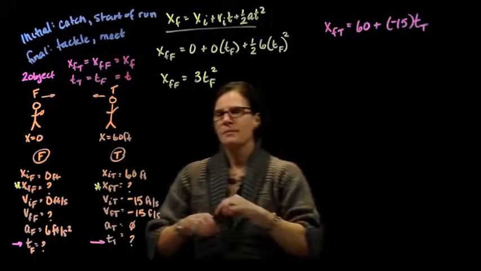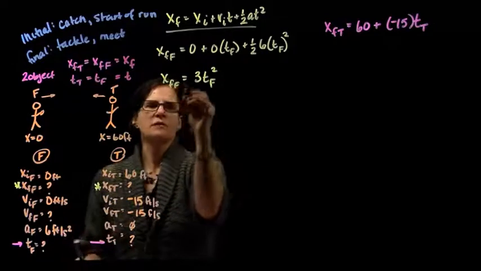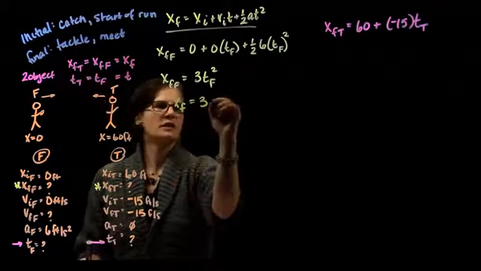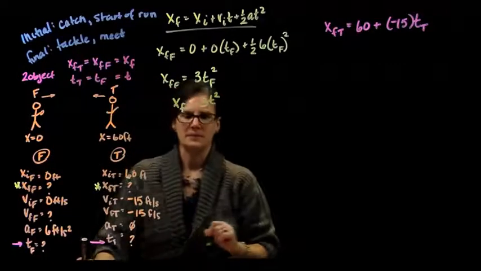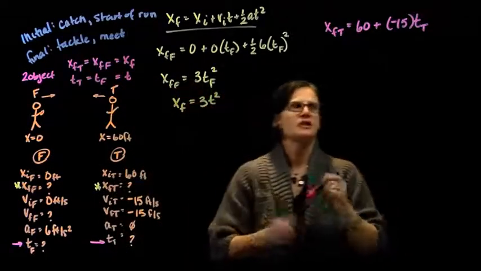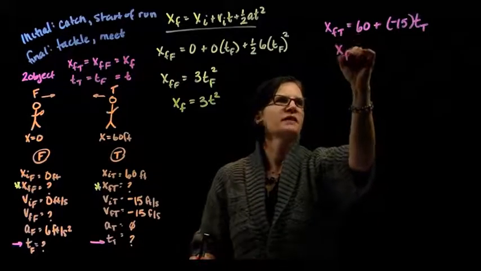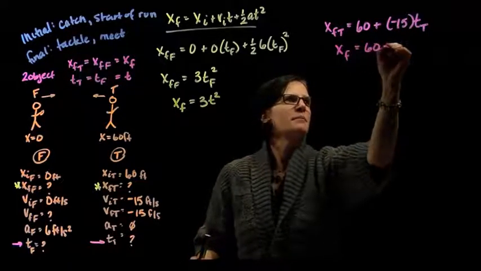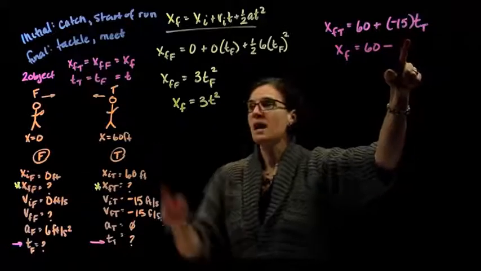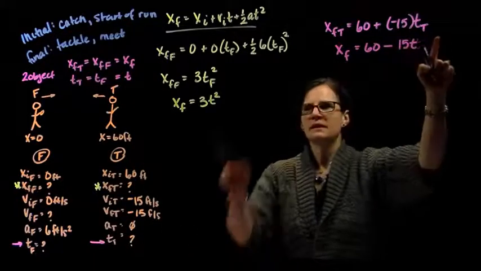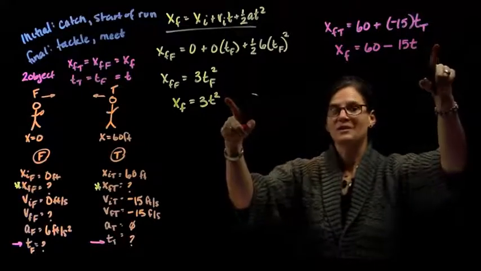So x final equals 3t squared, and x final equals 60 minus 15t. Now I have two equations with the same two unknowns.